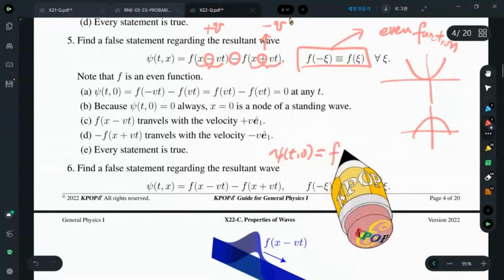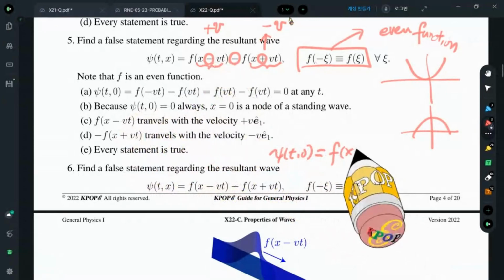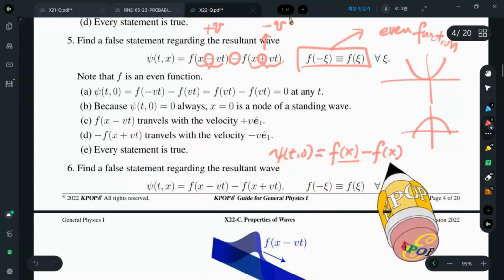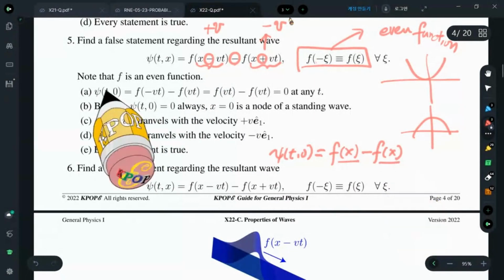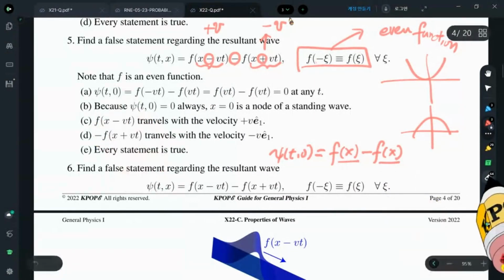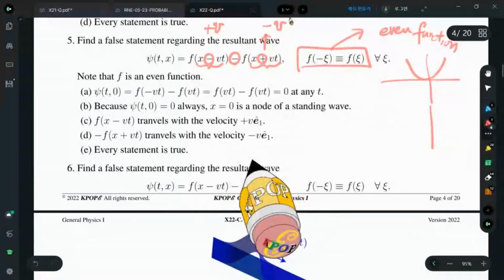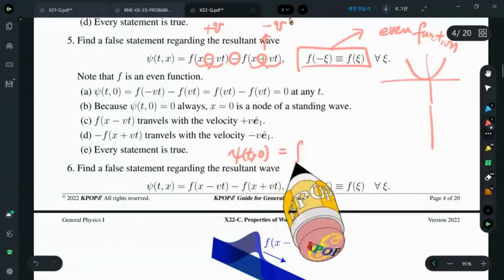Substitute f of x, t equals to 0 minus f of x. Not t equals 0, x equals 0, sorry. x equals 0.